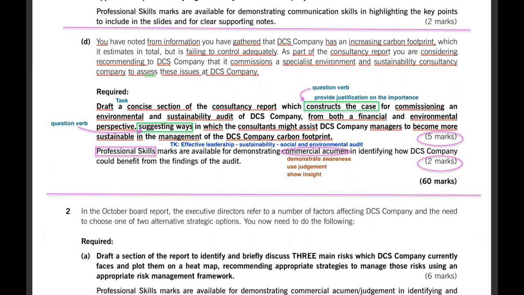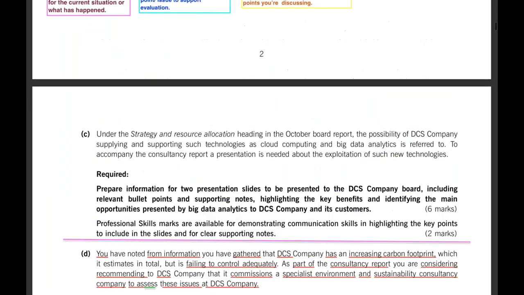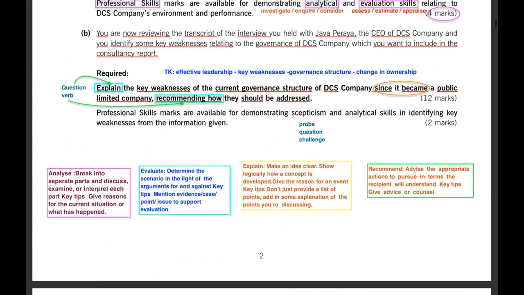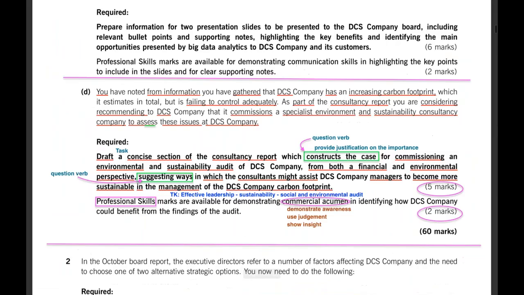Why is it so important now compared to before? Can you see the relevance or the connections of the requirements from the first part, the second part, and reaching to this part D?